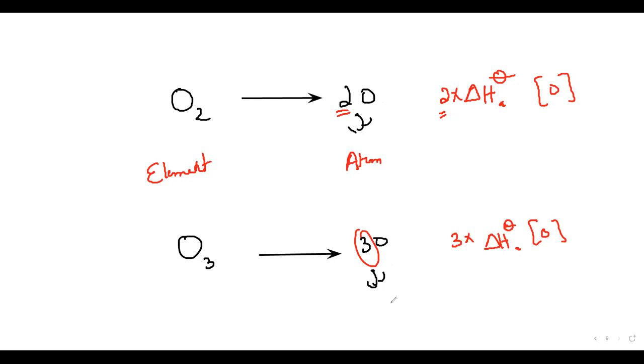If one atom is produced, it's not multiplied, simply the standard enthalpy change of atomization. But if 2 moles are there, then the enthalpy change is atomization times 2, and if 3 moles are there, atomization times 3.